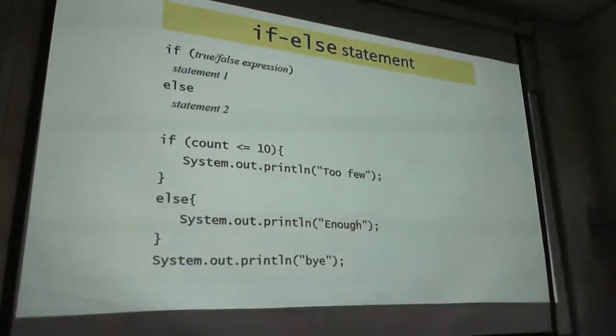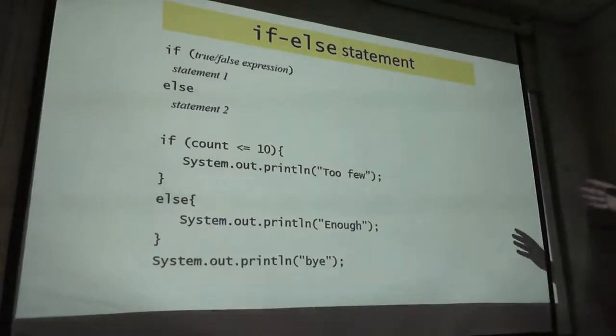In both options, you only get to run one of the statements, either statement 1 or statement 2. There is no scenario where you get to run both statement 1 and statement 2. If you have written a piece of code where it seems like you're running all of your options, there's something wrong with the way you structured your code. Okay? And we'll look at how that can happen later on.